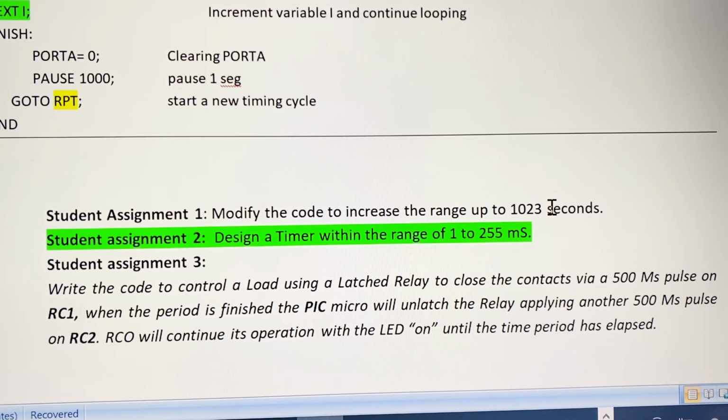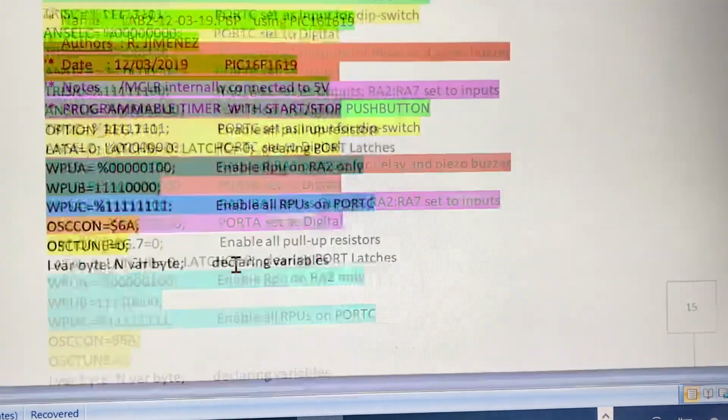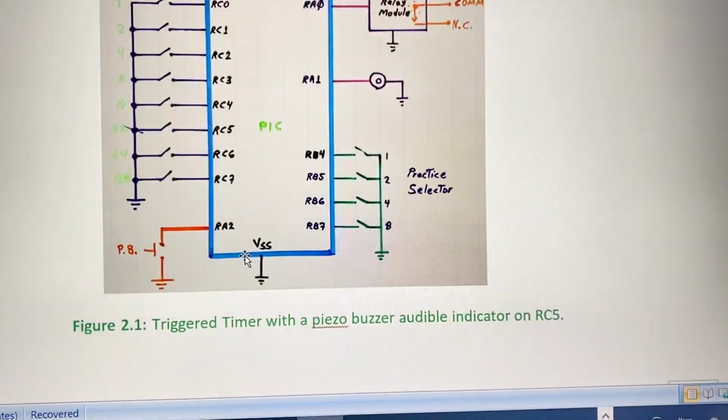With 11 bits, 2047, and then the next one will be 4095. Student assignment 2: design a timer within the range of 1 to 255 milliseconds. So the binary weight in this assignment will be 1 millisecond, up to 255 milliseconds. So the least significant bit will be in milliseconds.